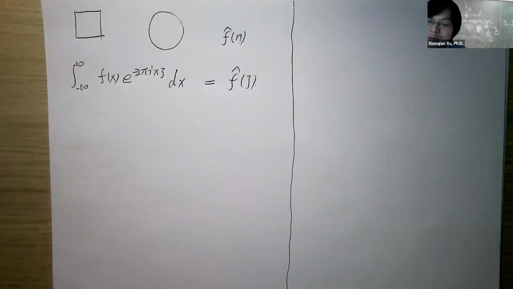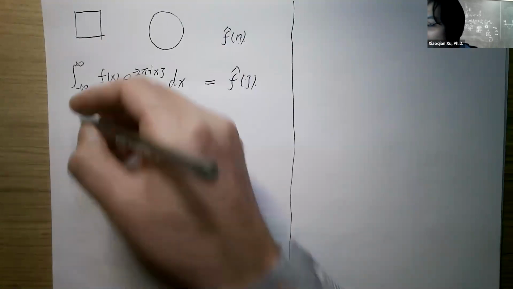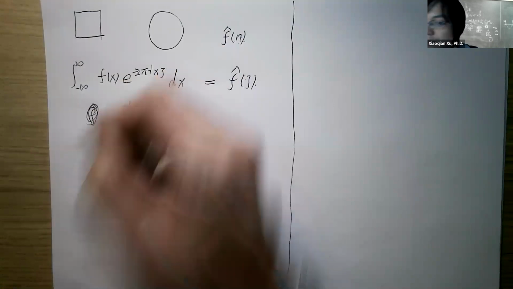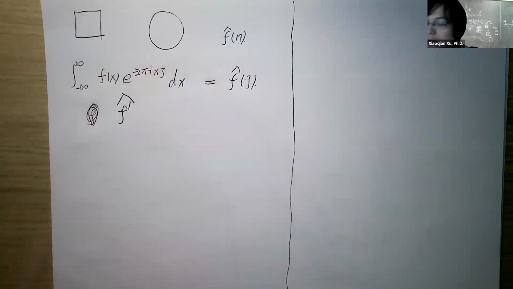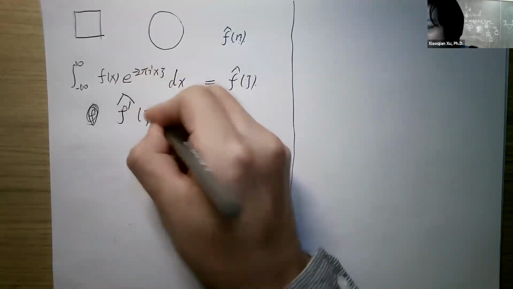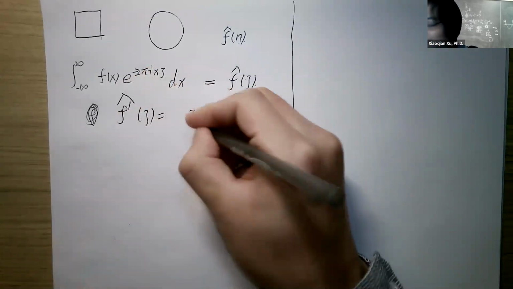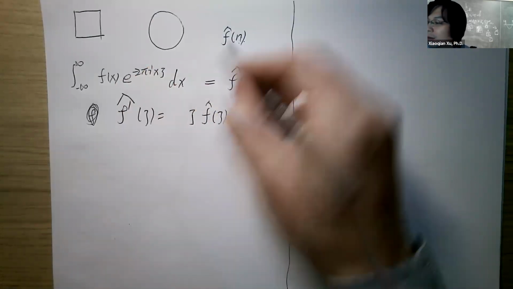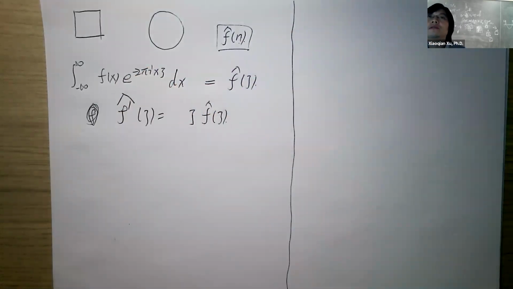So we should think that this may share some properties of our Fourier coefficients. One of the most important properties we are going to use to solve partial differential equations is this: when you have the derivative of a function and take the Fourier transform, it should be something like xi times the Fourier transform of your function, just similar to the Fourier coefficient.